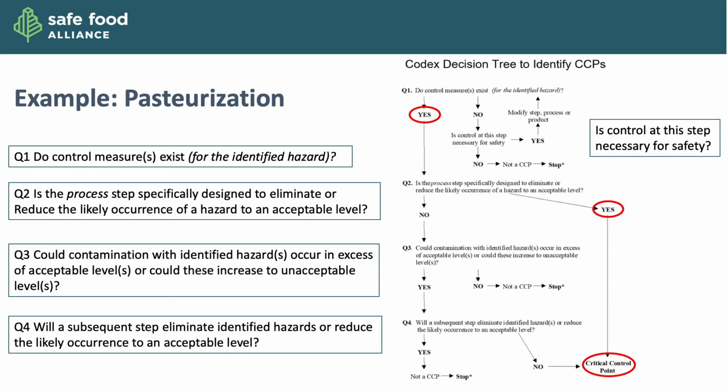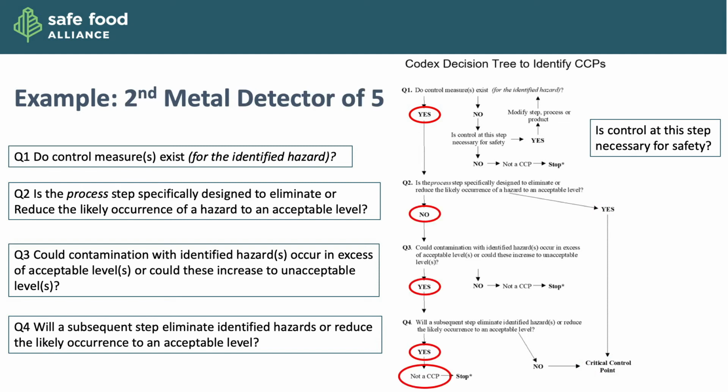So just like the metal detector example, we answer yes, which takes us down that if this is the last step in which this would occur, to control the hazards, and in this case biological hazards, pasteurization would typically almost always be a critical control point.